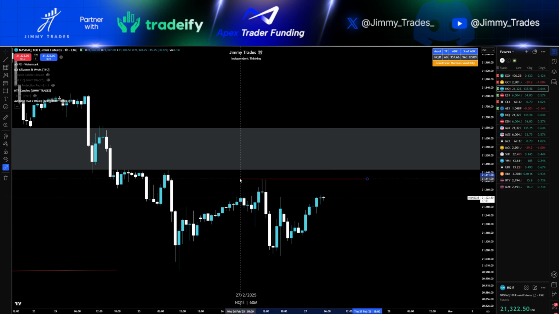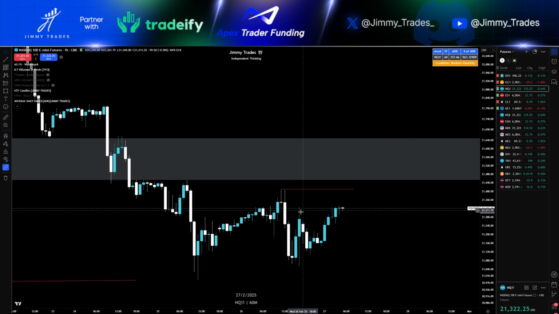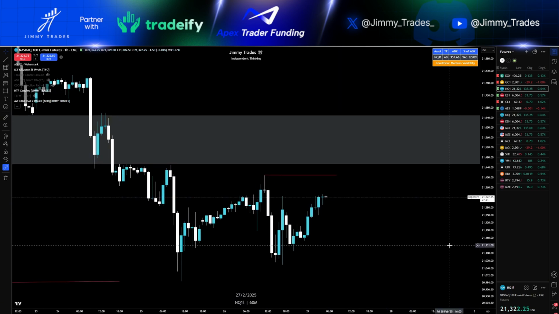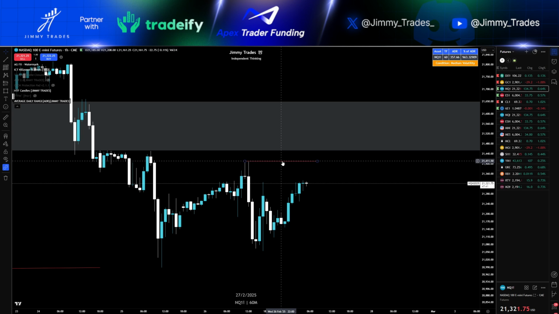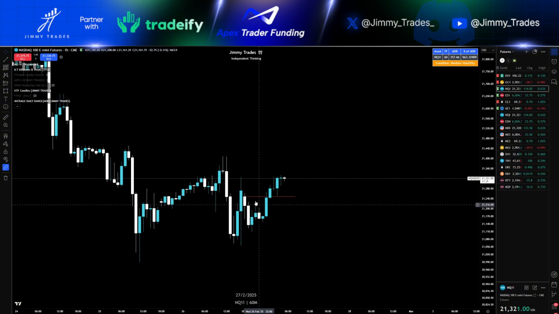That's the previous day high that we're looking for. This is the daily bearish FEG. And if we have a look here, we see price changing the state of delivery.